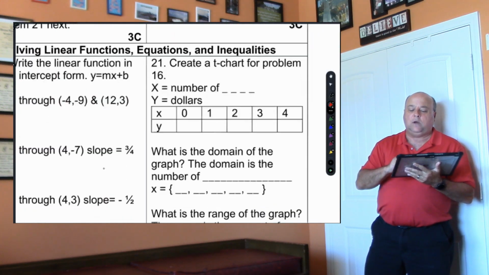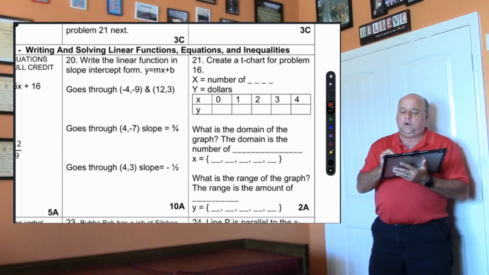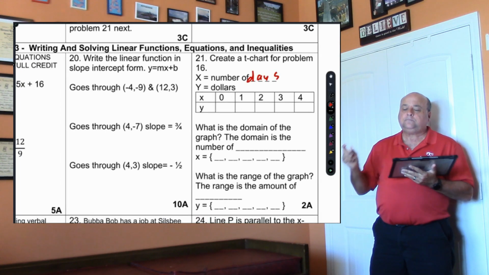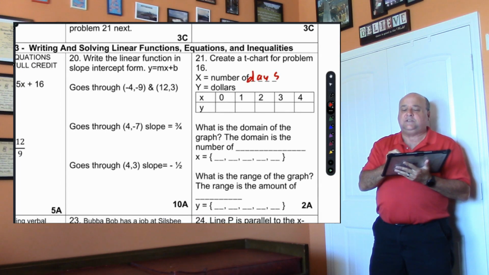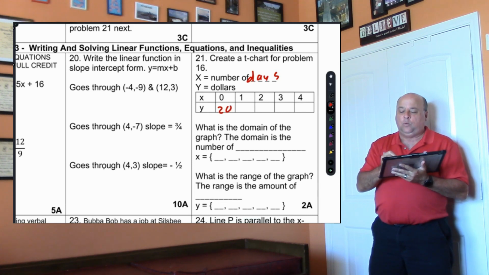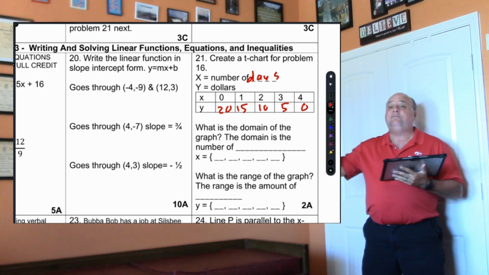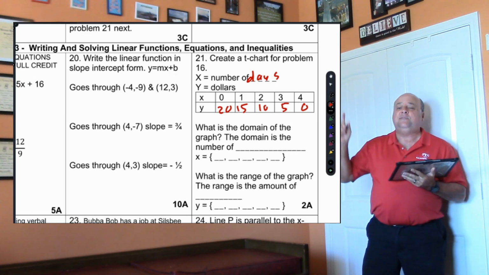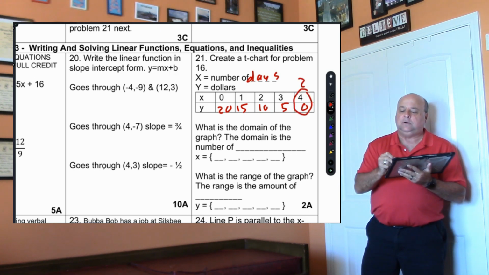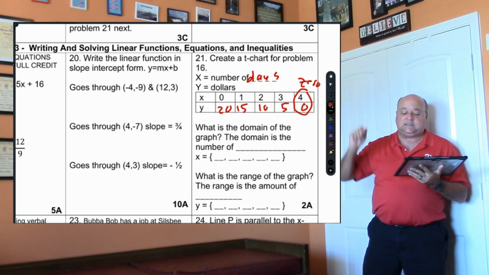I'm going to go to 21 next. X is the number of days. Remember, our ordered pairs: at 0 days, she has $20. At 1 day, she has 15. She just keeps spending $5. And at 4 days, she runs out of money. That's the zero of the function because she hits the x-axis.